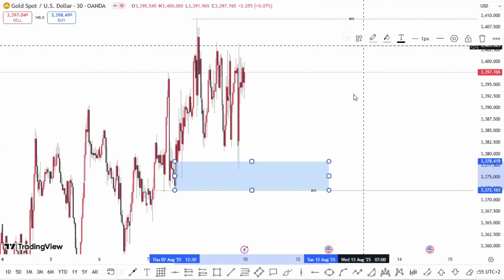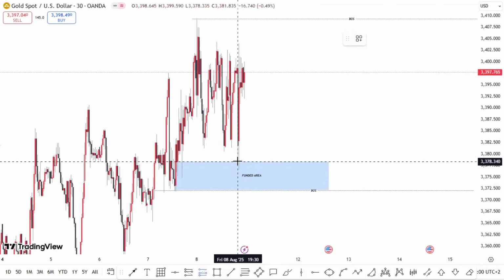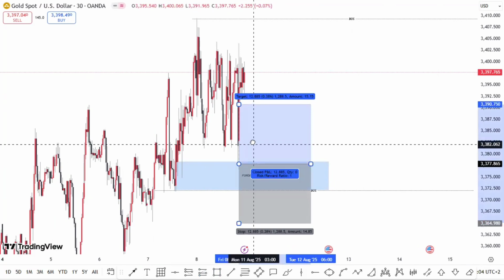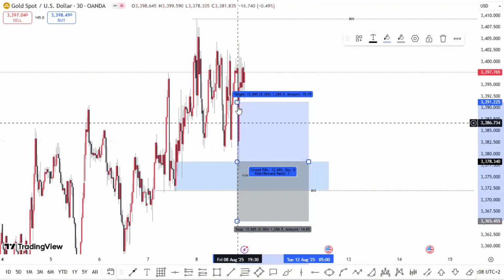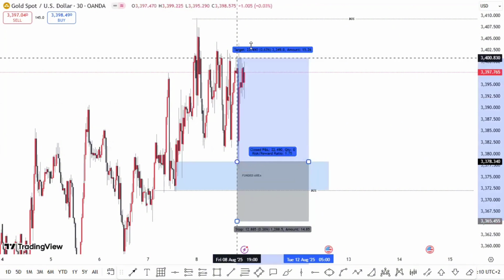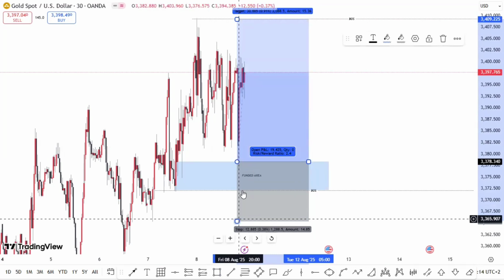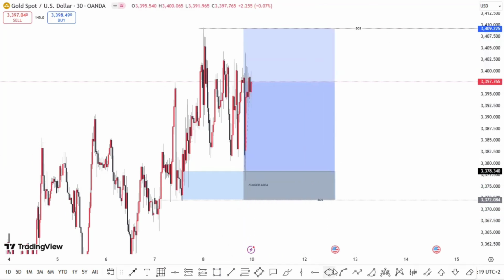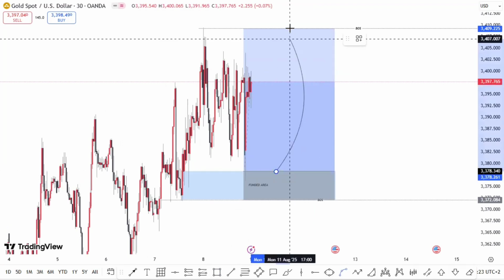So that's what we have here on the lowest time frame. Let me extend this, make sure that it's proper. Okay, nice. So from here to there.